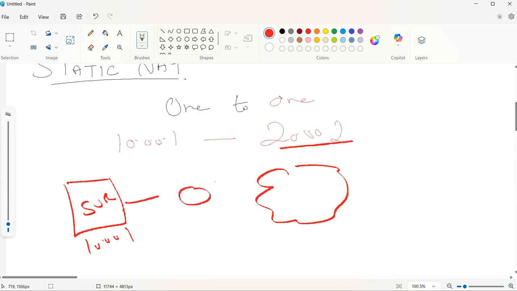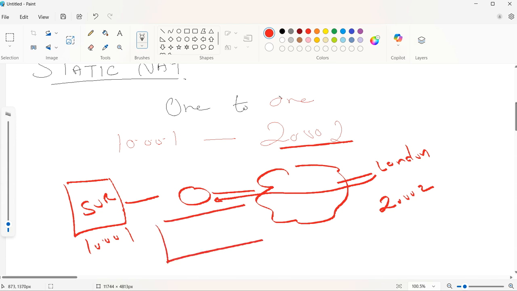So what I have told my router is, if anyone is pinging from London, if anyone is trying to reach 20.0.0.2, the traffic will come to this router.